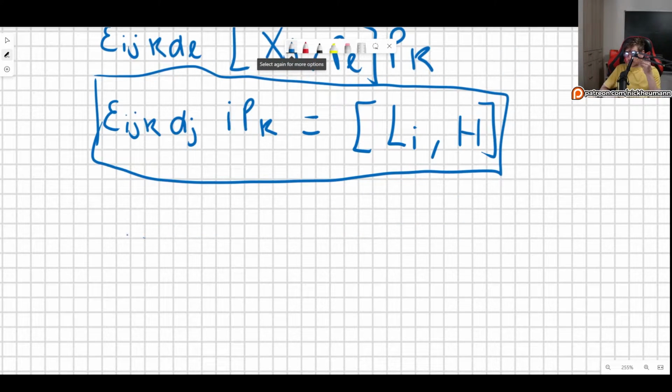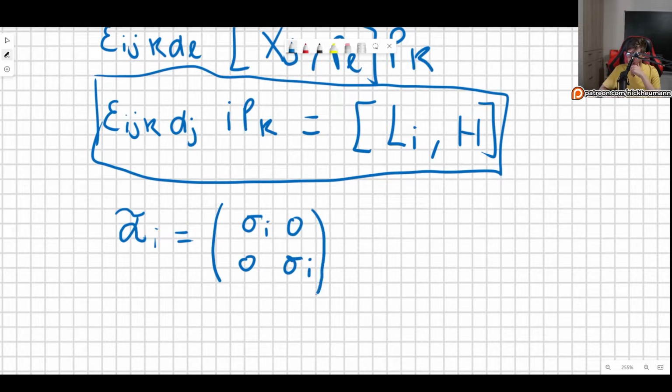Okay, so what we need to do is now come up with a generalization for the Pauli matrices, which were of course the generators of spin. So we will call them alpha tilde, and we will call these matrices sigma i, 0, 0, sigma i. Okay, and we can see that these generalized Pauli matrices are related to the regular alphas.